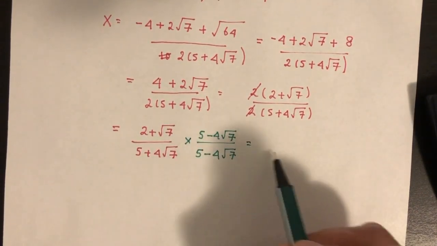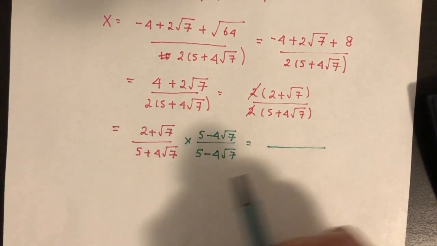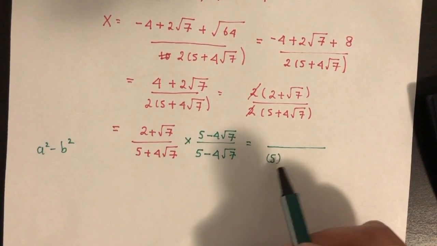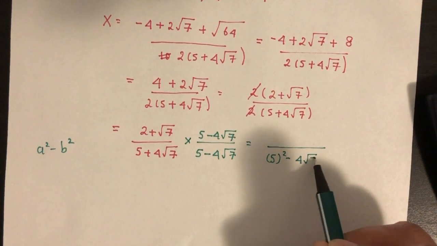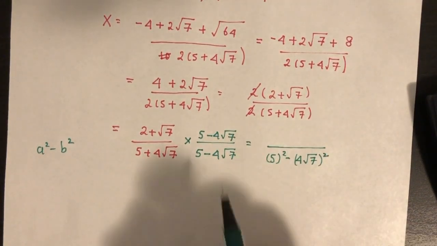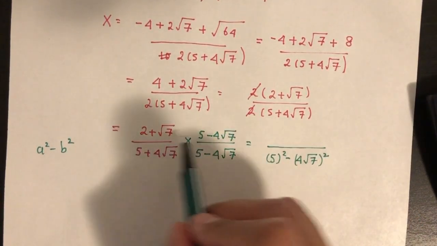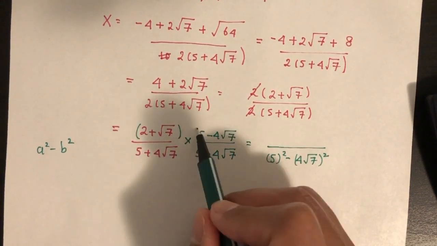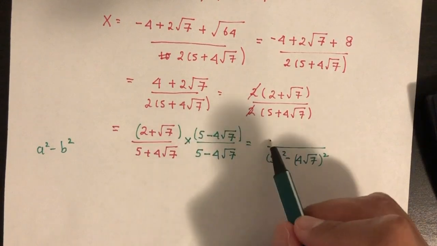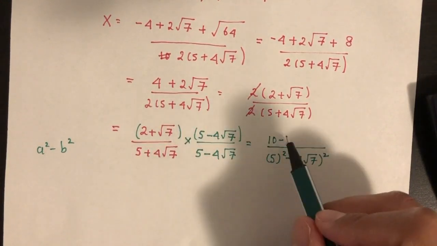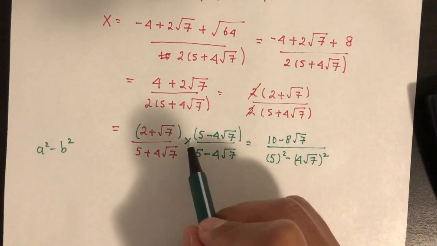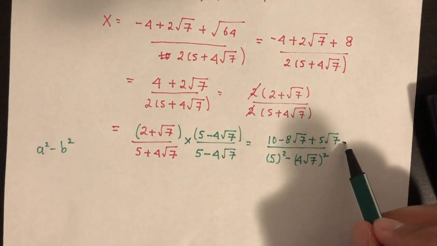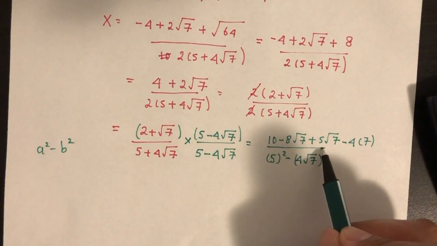So let's simplify. For the bottom, the bottom is same as a square minus b square. So you will have 5 square minus 4 root 7 square. And the top, you have to expand. So you will have the brackets here. 2 times 5 is 10 minus 2 times 8 root 7 plus 5 root 7 and then minus 4 times 7.